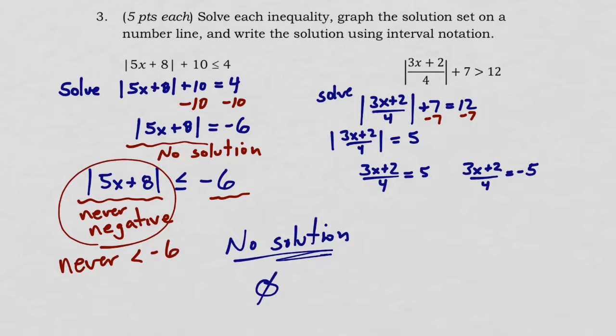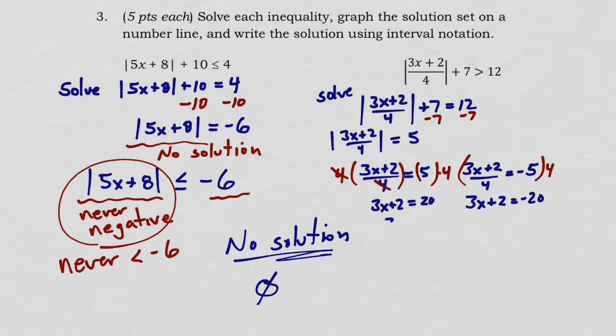This time I want to multiply both sides of both equations by 4. That's going to cancel on the left-hand side and give us 3x plus 2 equals 20, and 3x plus 2 equals negative 20.